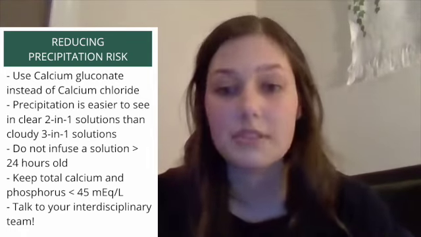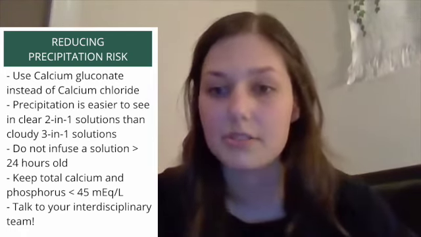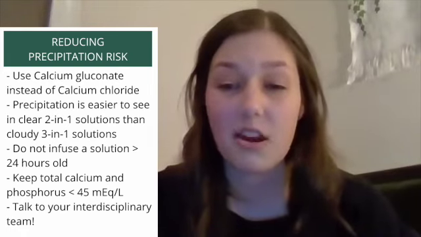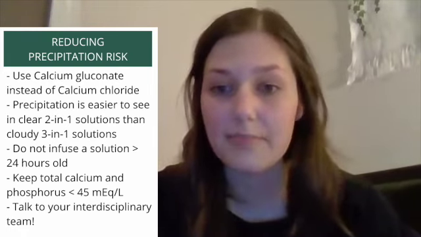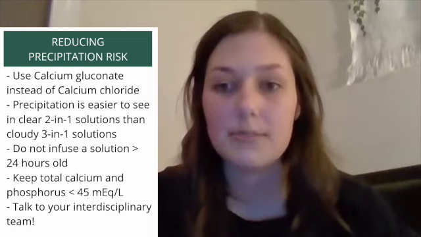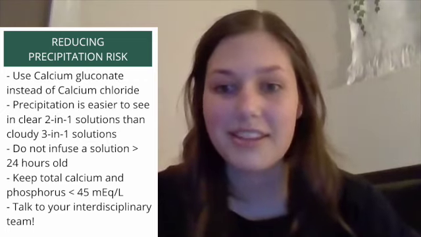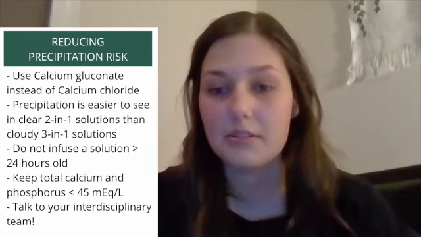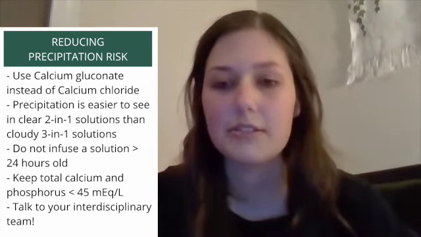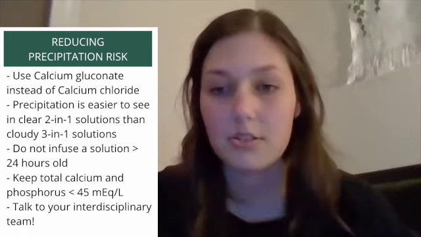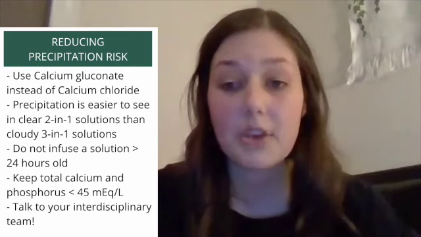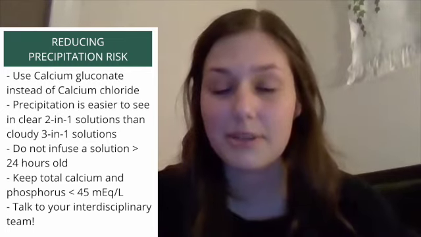And all of this information I've gotten and checked my sources with a website I like to use that's called rxkinetics.com. I was introduced to this by one of my pharmacist friends, and it's very helpful. They use it a lot for determining solubility of calcium and phosphorus and many other things to do with TPN. So I'd encourage you to check that site out. And as always, consult with your interdisciplinary team.